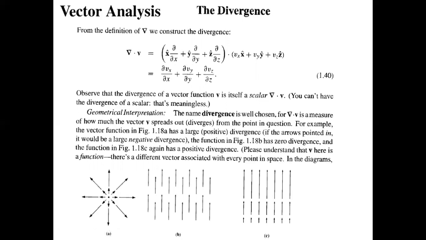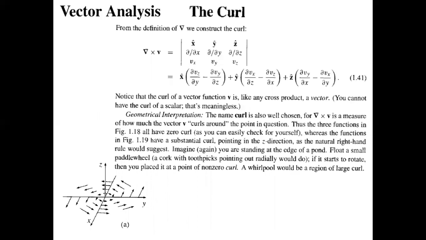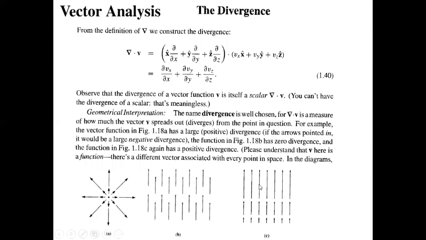Now, physically, divergence gives you an idea about a physical quantity like v here: it's actually coming out or spreading out from a point.